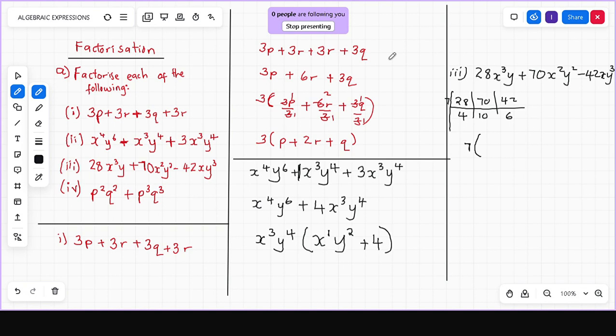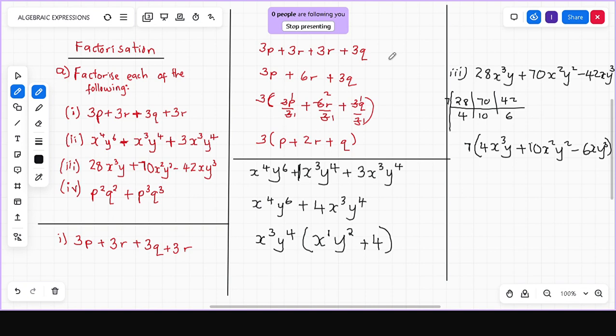Into bracket, 28 divided by 7 is 4, then x cubed y plus, 70 divided by 7 is 10, x squared y squared minus, 42 divided by 7 is 6, xy cubed.